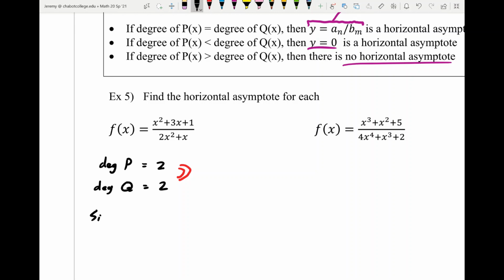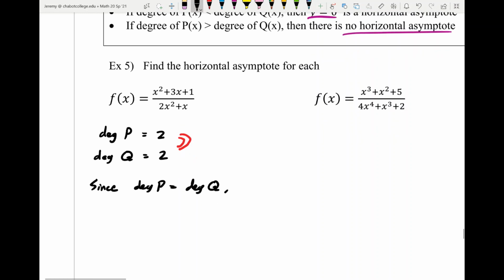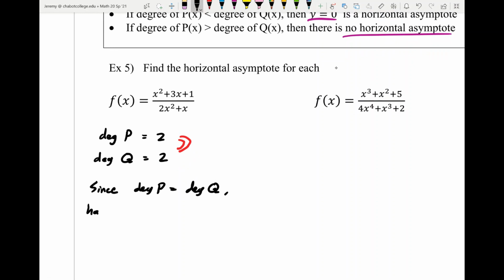So I'll say since the degree of p is equal to the degree of q, we have a horizontal asymptote and it's going to be the line y equals a sub n over b sub m. So that's the ratio of the leading coefficients.